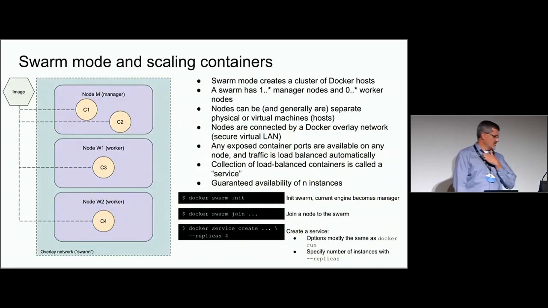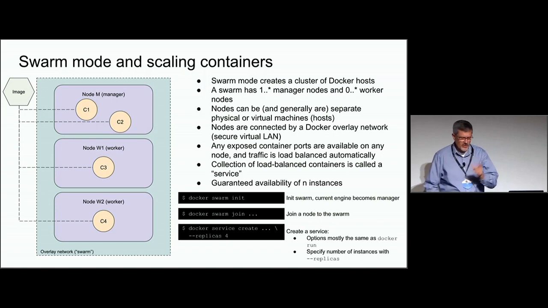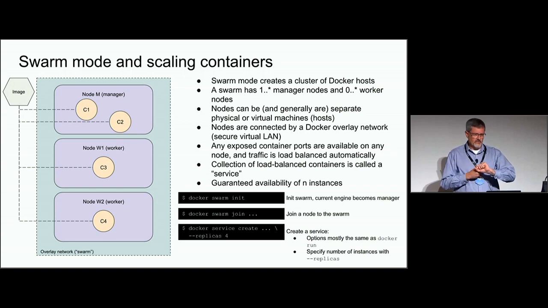I had an exercise for Swarm, but in the interest of time, I want to show you the multi-container application, and then I want to show you some of the GPU stuff in the 20 minutes we have left. We're going to skip the Swarm stuff, but in short, what this allows you to do is run your containers not just in basic mode, but in a Swarm cluster.